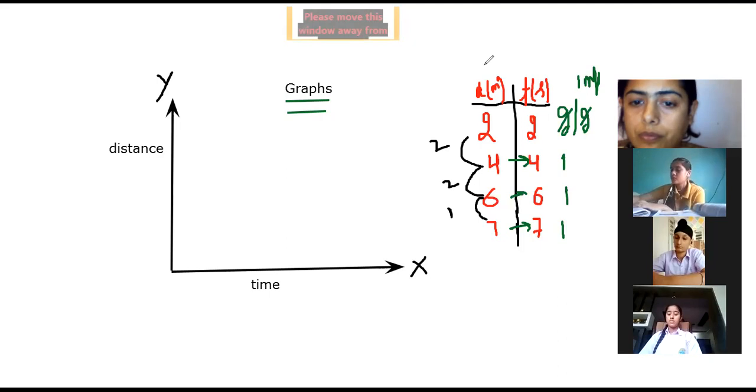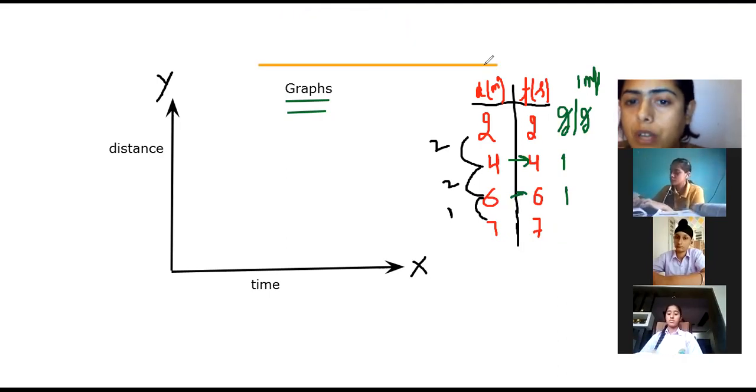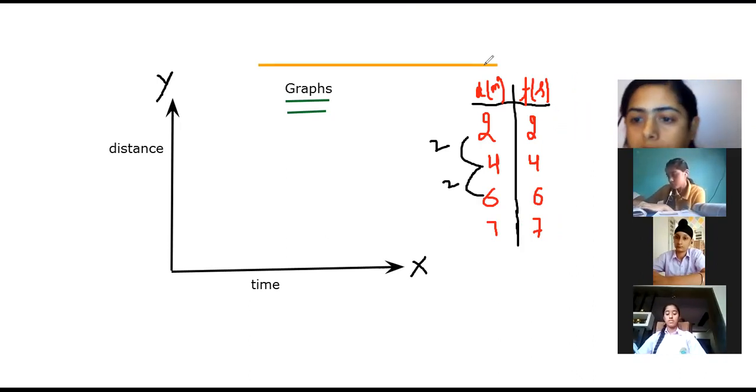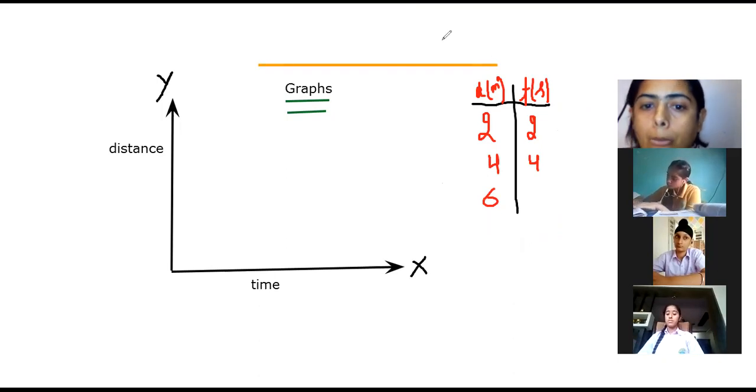Now the task is, this table will be given, and we have to plot it onto the graph.